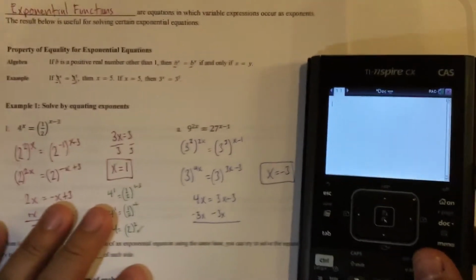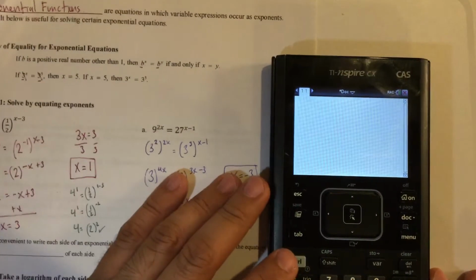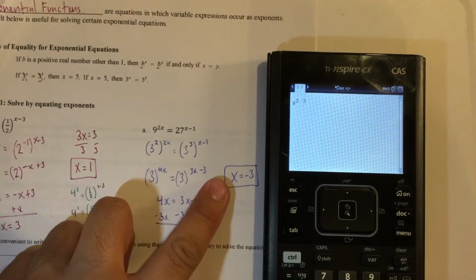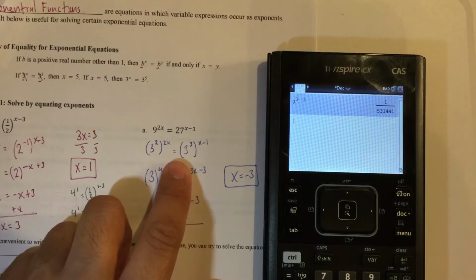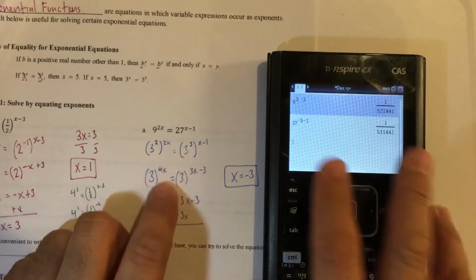All right, so right here, I can do this in the calculator. So 9 raised to the 2 times negative 3 is that. And 27 raised to the negative 3 minus 1 is that. So you notice the answers are the same, so they are equivalent.